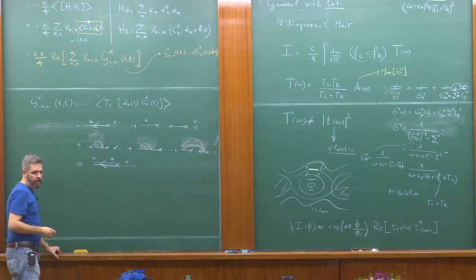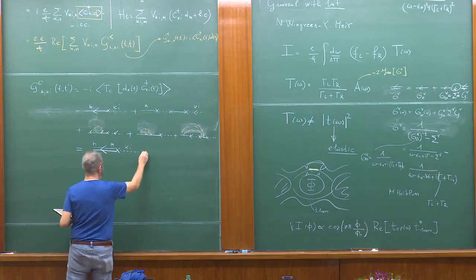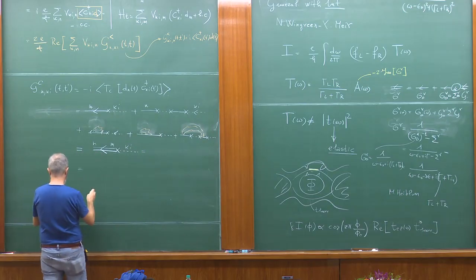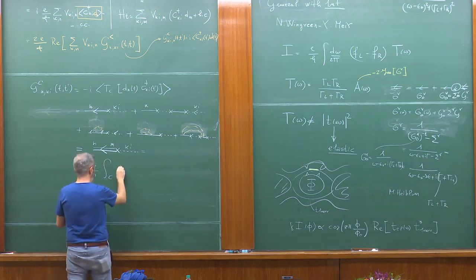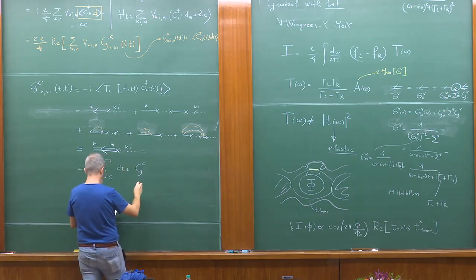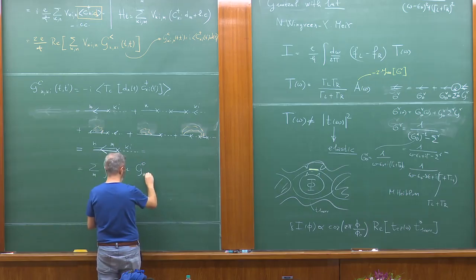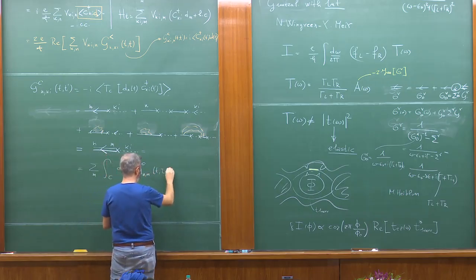Right. So now, given that this is the structure of my perturbation theory, I take this and I say, aha, look at this. Very nice. This is equal to the sum over m, integral over the contour dt1, of the contour-ordered full green function G n m (t, tau 1).